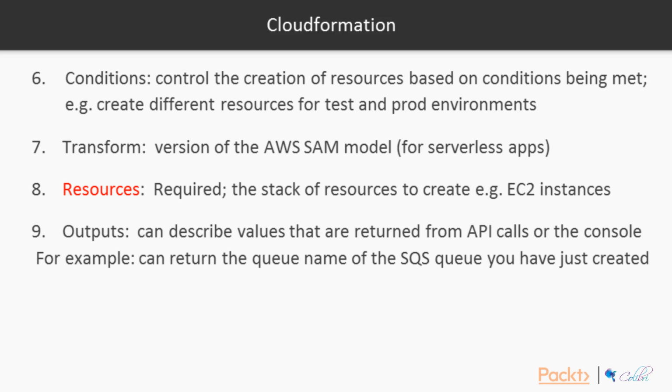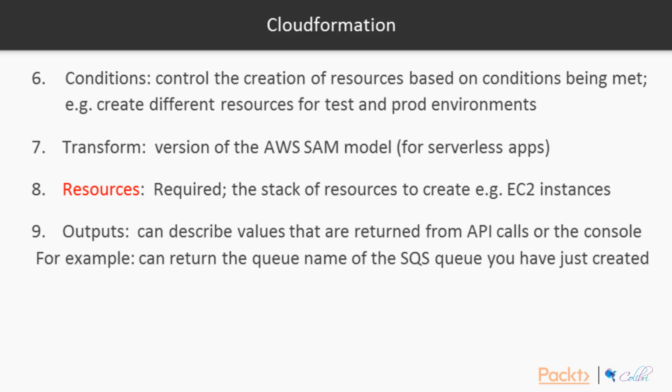Then we have Resources, and this is the only section that you need to specify for your AWS templates. This one is required, and it specifies the stack of resources you want created. For example, your EC2 instances, your ELBs, your SQS queues, etc. The last section you can specify for an AWS template is the Outputs section.